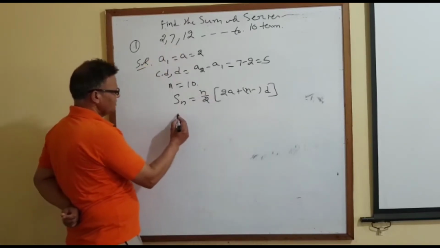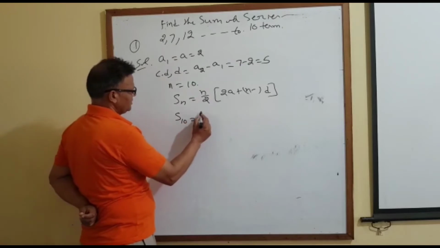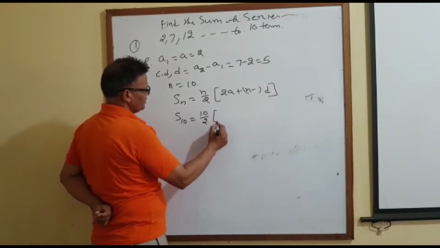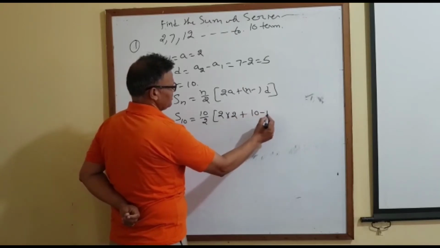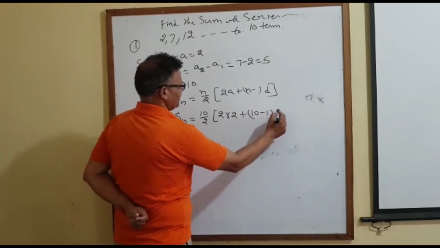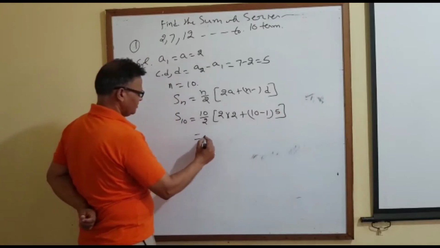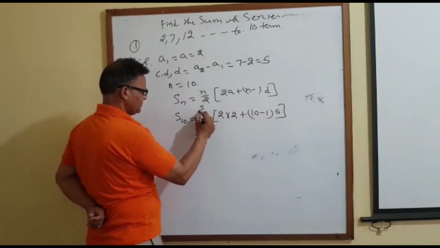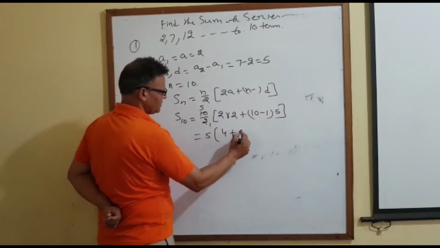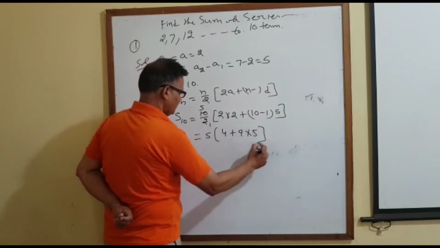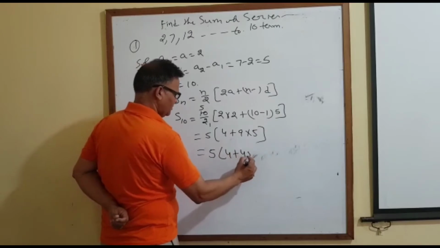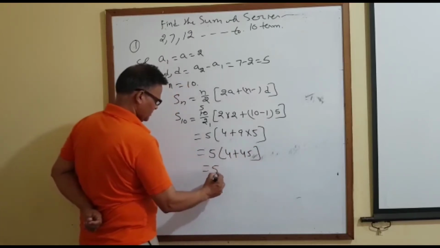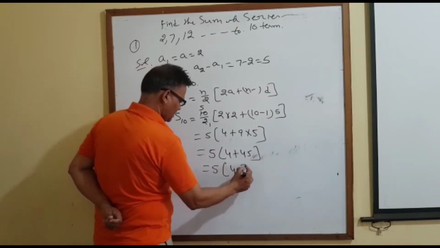So put the values. S10 is equal to 10 over 2 into 2, a is 2, plus n is 10, d is 5. So after simplification we get 5 into 4 plus 9 multiplied by 5, that is 5 into 4 plus 45, 5 into 49.